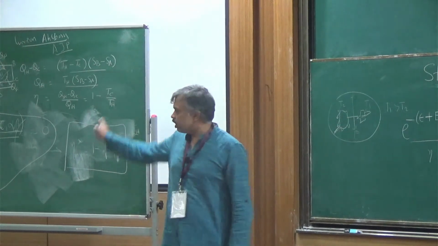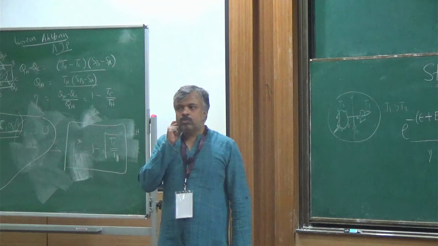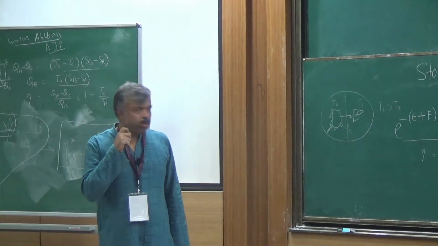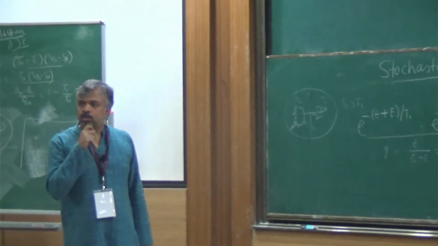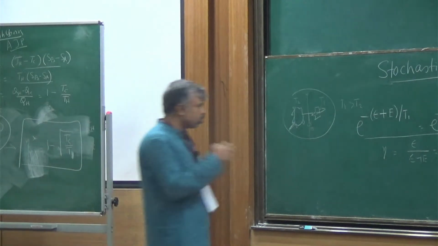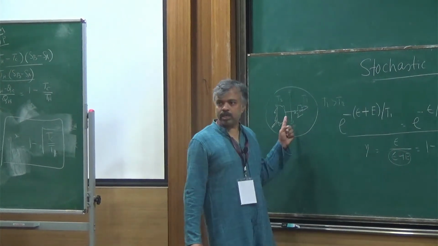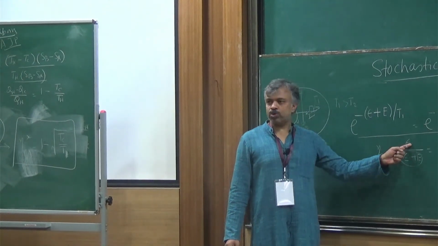In efficiency, the numerator has to be capital E, right? Why? Because efficiency will be the useful one divided by the total one. No, this is what goes into the system because of this pulley and so on, and this goes out of the system. So this is input, this is output. Output by input.